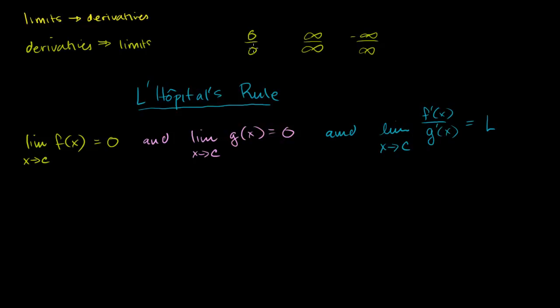This is the indeterminate form of 0 over 0. So this is the first case.